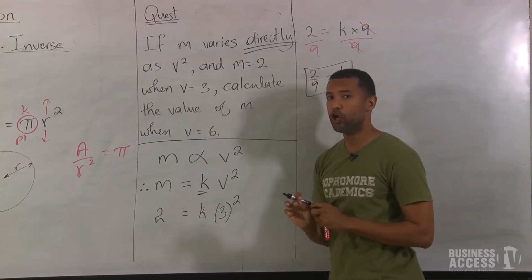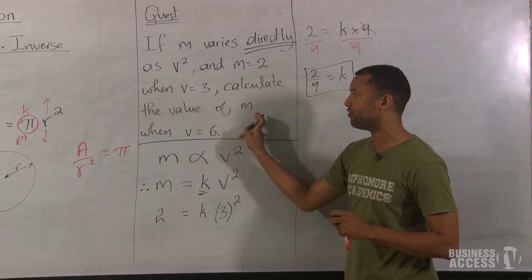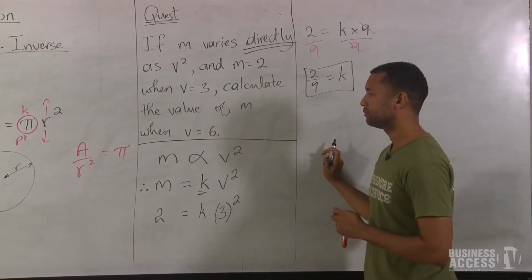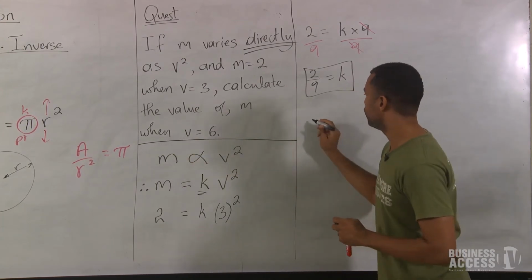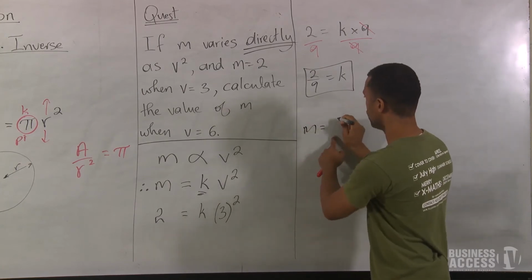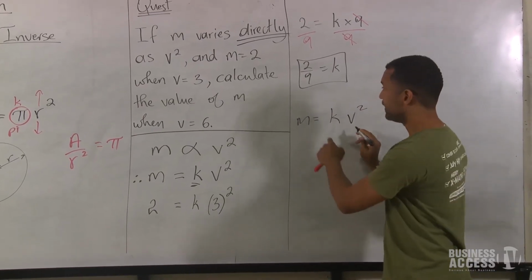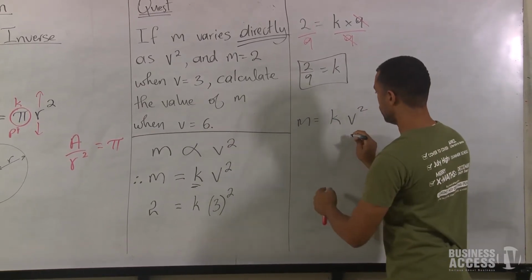Then we can actually now go and answer the question. It says calculate the value of m if v is 6. Remember, this is the equation. M is equal to k multiplied by v squared. They told us that the value of v is now 6.